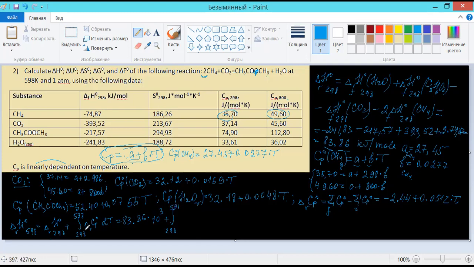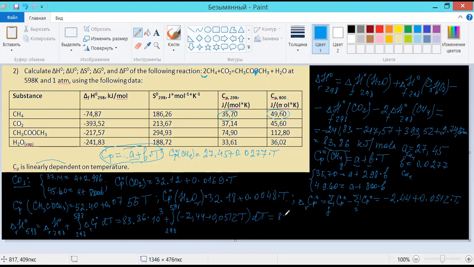And instead of this, I'm writing down this equation, final minus initial. And that is very easy to do.